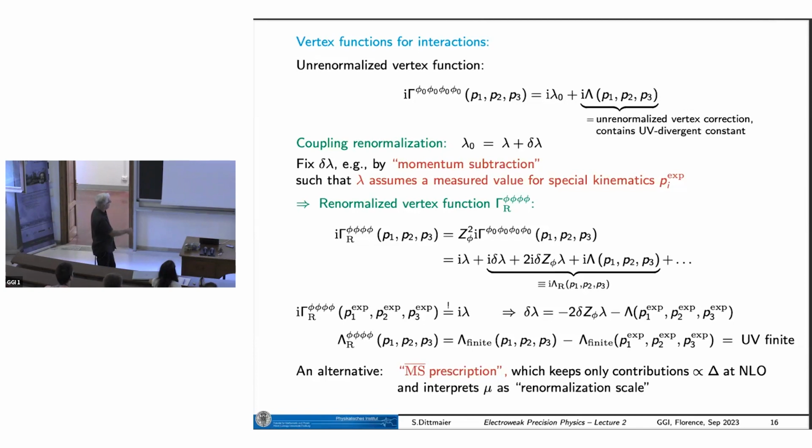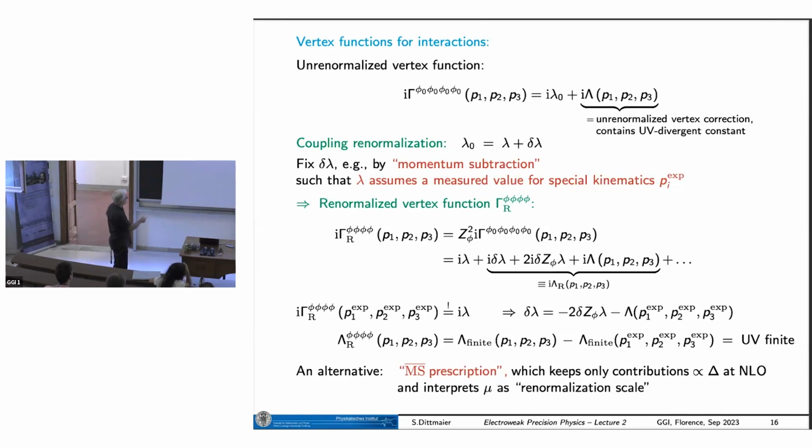ultraviolet divergences, but these ultraviolet divergences just go into the delta lambda, and in this combination, you can easily see that they drop out. That means if you now call this combination here a renormalized vertex correction, you can write it as a difference of two finite pieces at basically two different kinematical points.